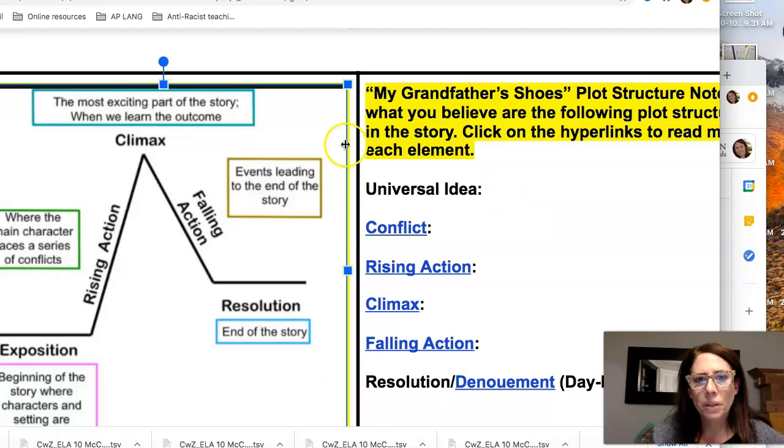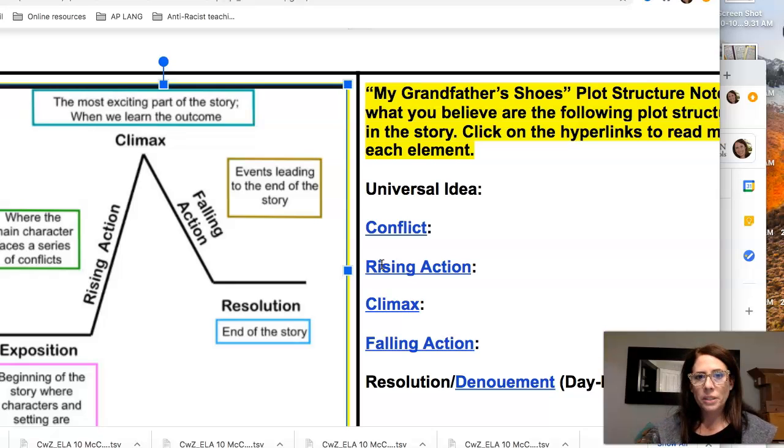And when we think about here, each time you read a story this week or you listen to a story this week, I'm asking you to identify the universal idea that you feel, in your opinion, is most relevant or most represented or conveyed by that story.